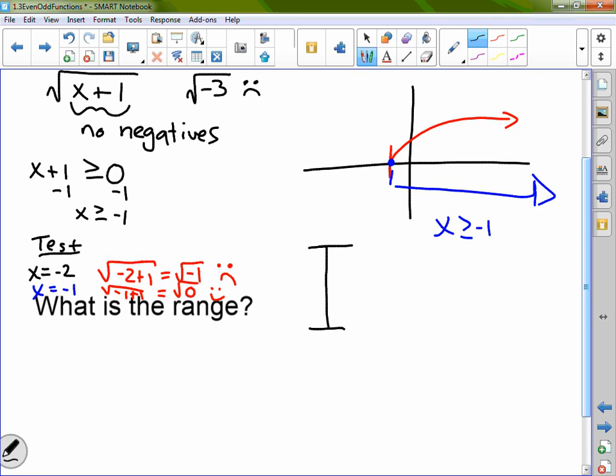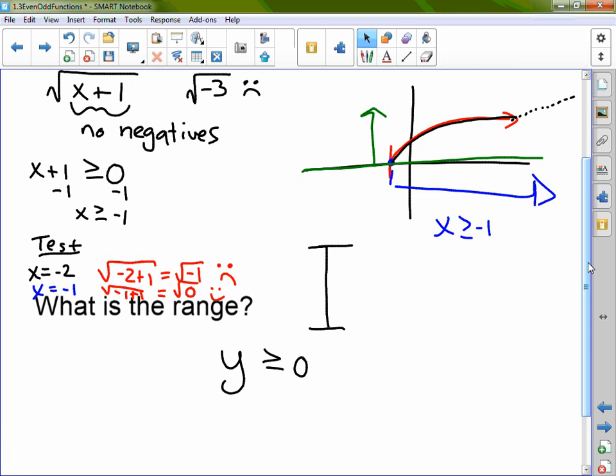It may look like this is kind of leveling off, but it does turn out that it keeps on going up and up. So we can say our lowest y value is right here on the x-axis, and it goes up, which I could say y needs to be 0 or more. Those are the y values that we get. So that's a brief introduction to domain and range.